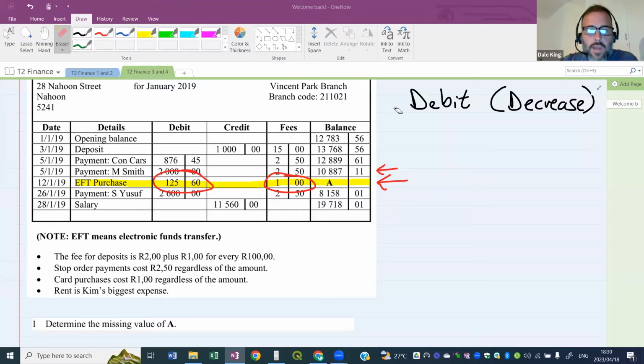The fees affect the balance. It's not just the transaction value, it's also the fees. If something's telling you, I think I need to include the fee here, then do it. So the fees must be included in your calculations. All right, thank you.